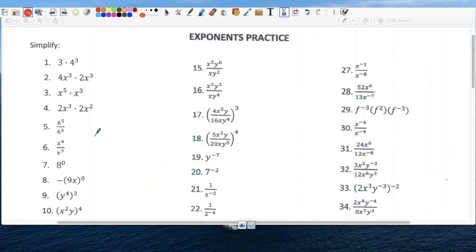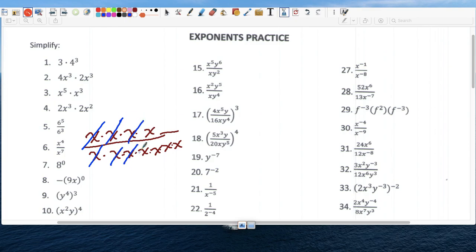X to the 4th over x to the 7th. Well, let's expand. So that's 1, 2, 3, 4 x's on the numerator, and 7 x's in the denominator. 1, 2, 3, 4, 5, 6, 7. Now, if you simplify, x and x can simplify to 1. X divided by x is again 1.